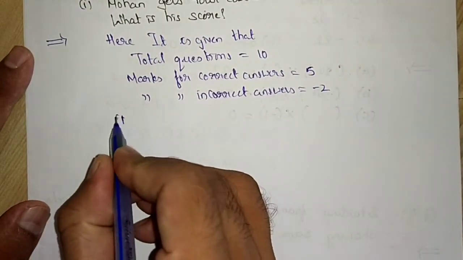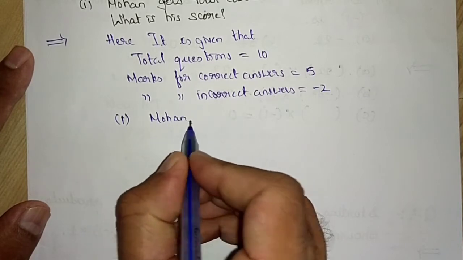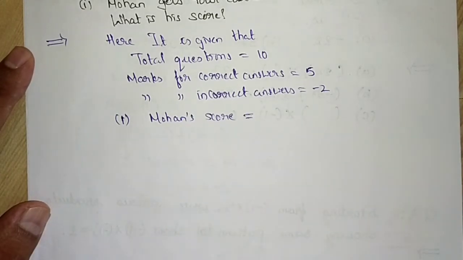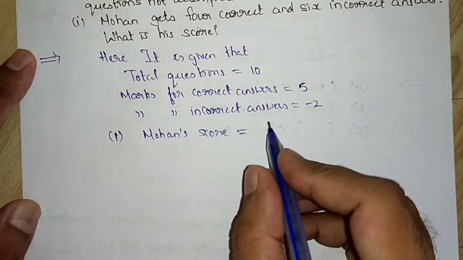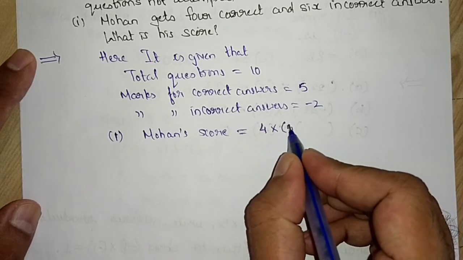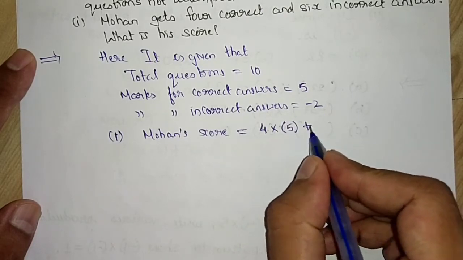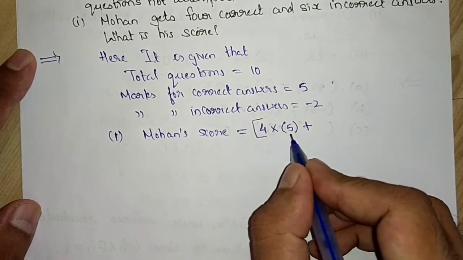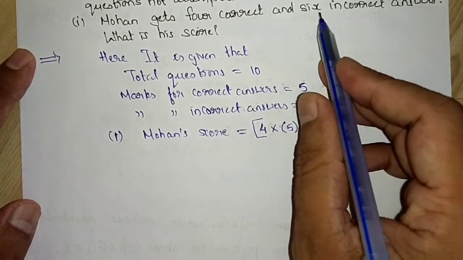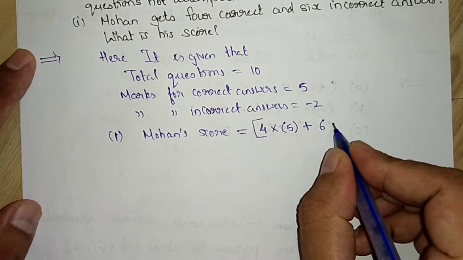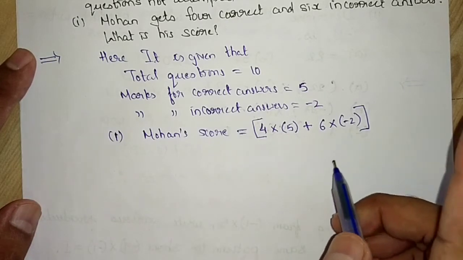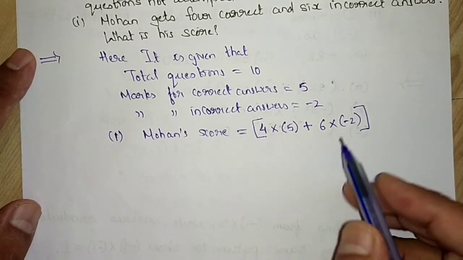Now, first part, Mohan's score is equal to 4 correct answers, so I will write 4 into 5, the marks for a correct answer, plus, because we have to add correct and incorrect answers to get the final score, 6 incorrect answers, so I will multiply 6 into -2, because if you give 1 incorrect answer, you will get -2.